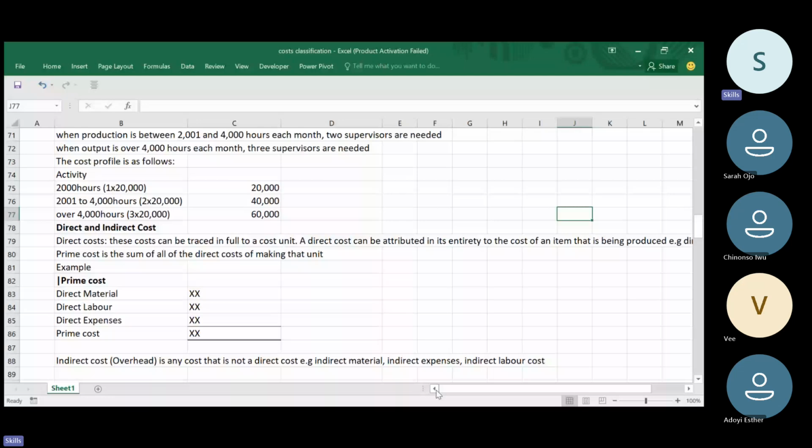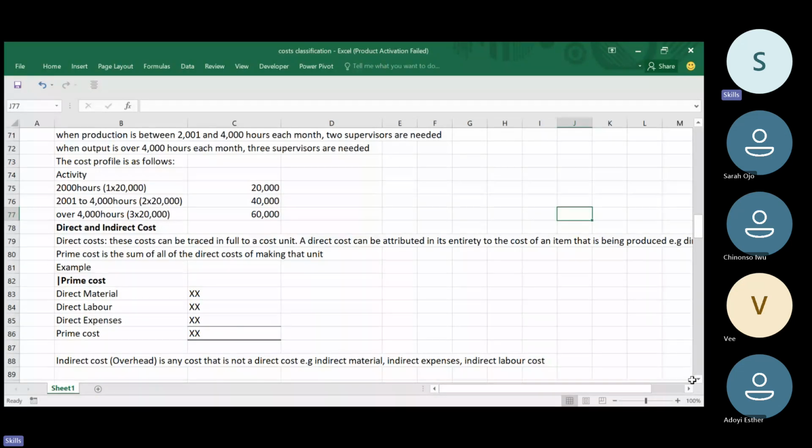When you add them together, they will give you prime cost. So direct material cost, direct labor cost, and direct expenses together will give you prime cost. This is how you determine prime cost.